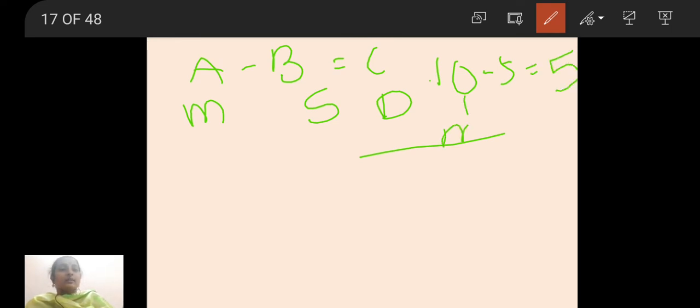This is called minuend, this is called subtrahend. Now in our example, our subtrahend is lesser than the minuend. Is it clear? Because 5 is lesser than 10. So 10 minus 5 is equal to 5. We are getting a positive value, a positive integer. So since we are getting a positive value, you neglect the carry.